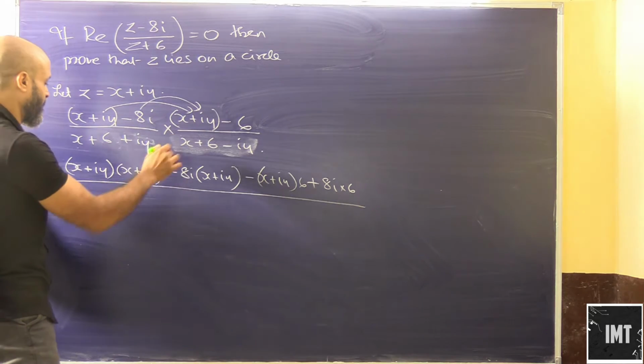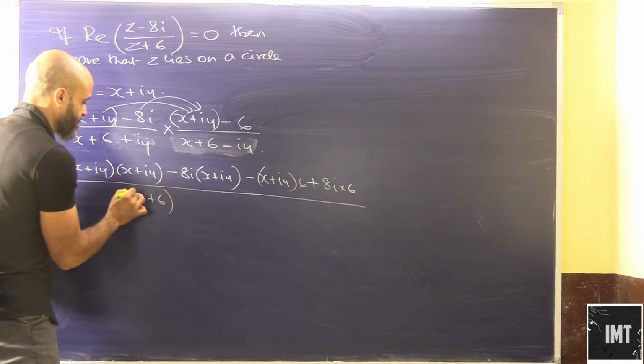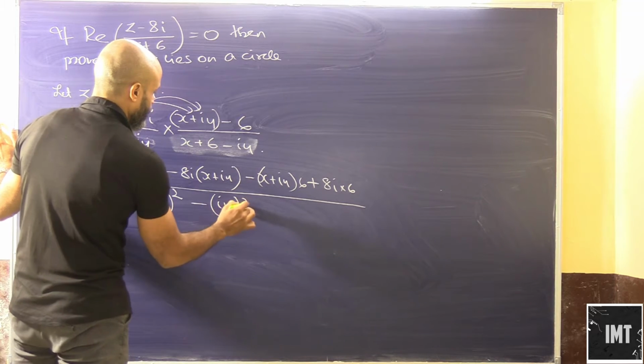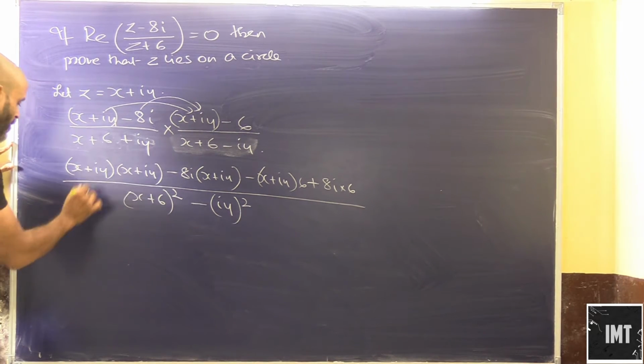So this will be how much? X plus 6 square minus iy square. Okay, so this will give you how much?